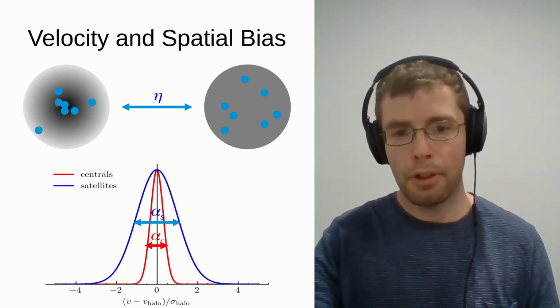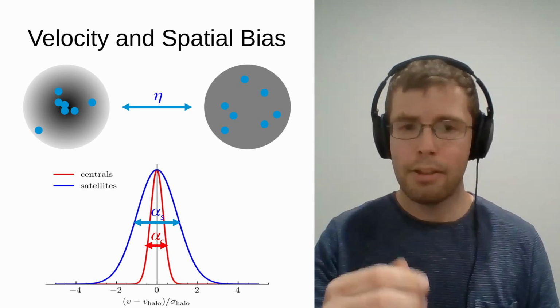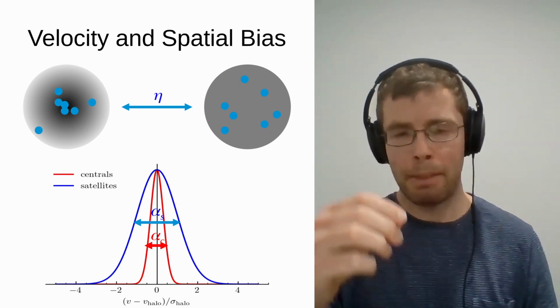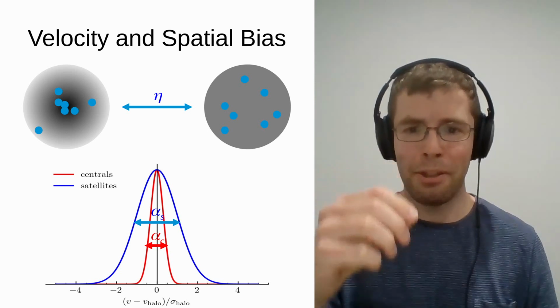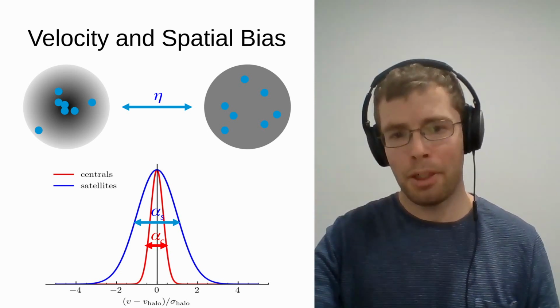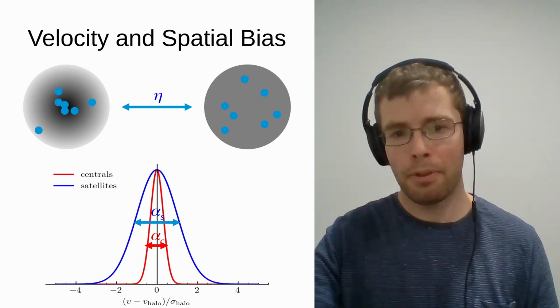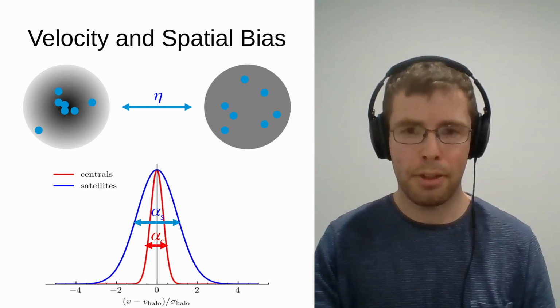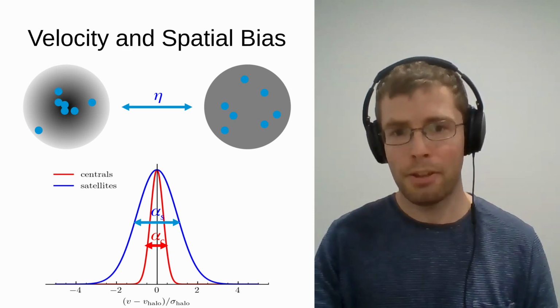Similarly for central galaxies, you might assume that those are not sitting still at the centers of dark matter halos, but for whatever reason might be wiggling around the halo center. And so therefore, we also allow some additional velocity offset for centrals, something that turns out to be very important to get unbiased constraints from redshift-space distortions.